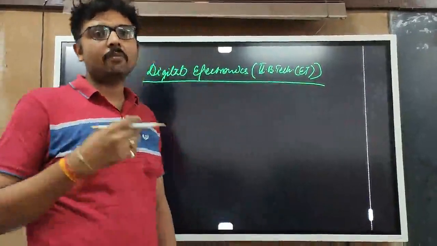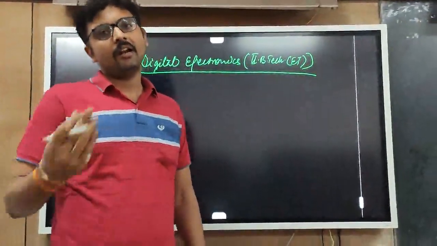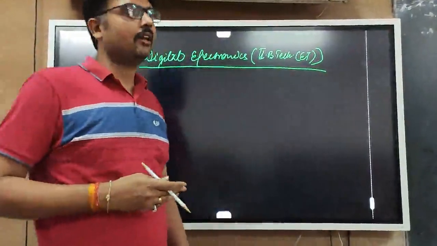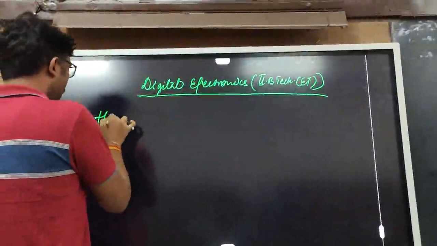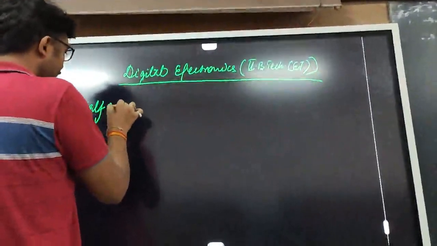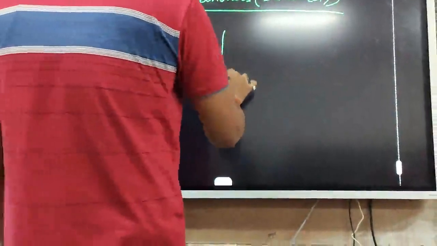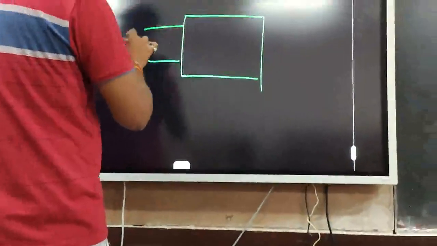So first of all, we must be familiar with what is half adder and how we design its circuitry based upon the various kinds of logic gates. If we talk about the half adder, it's a kind of 2 input and 2 output device.